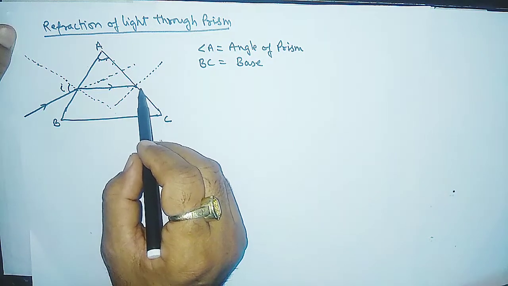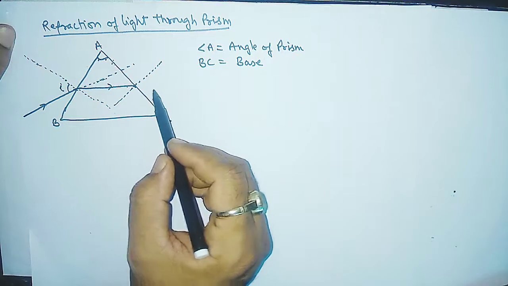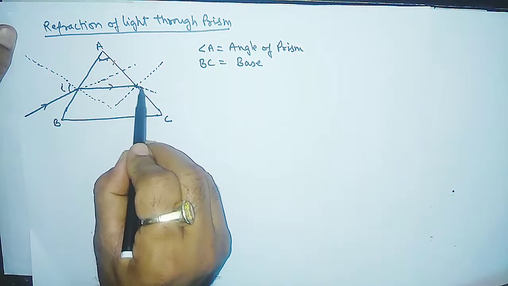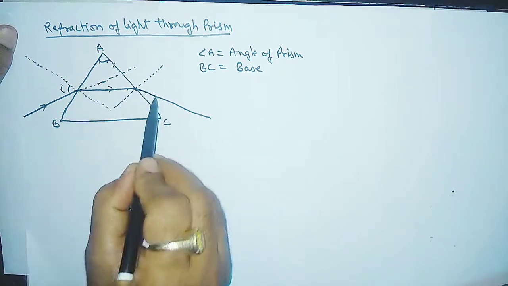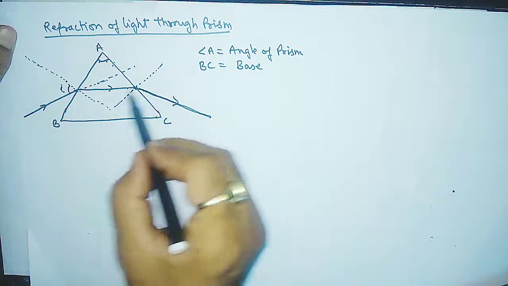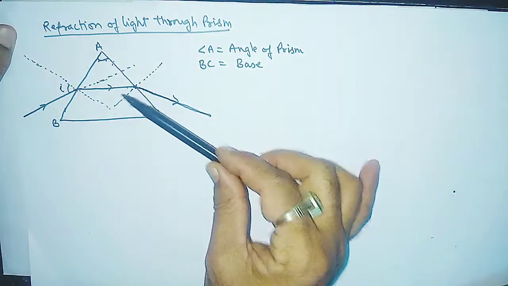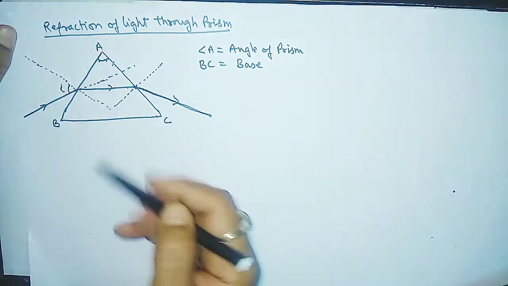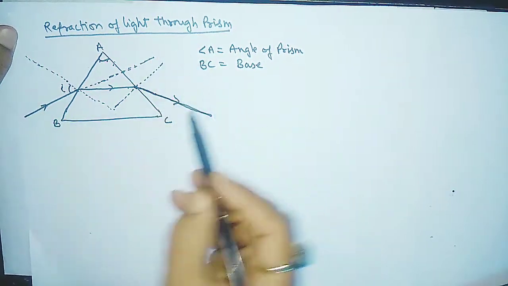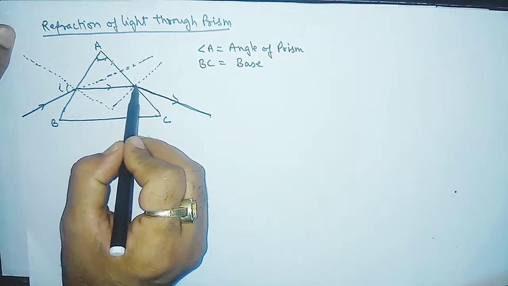And as you know, when a ray comes from denser to rarer medium, it always bends away from the normal. Instead of going straight, it is bending away from the normal. If you produce this line, this is the incident ray, and suppose this is the emergent ray.